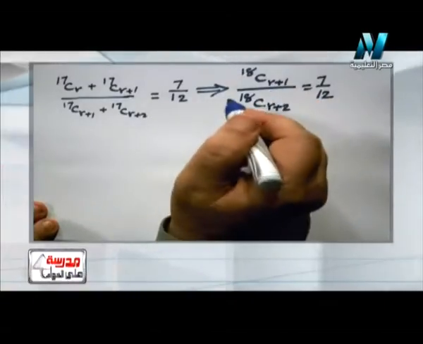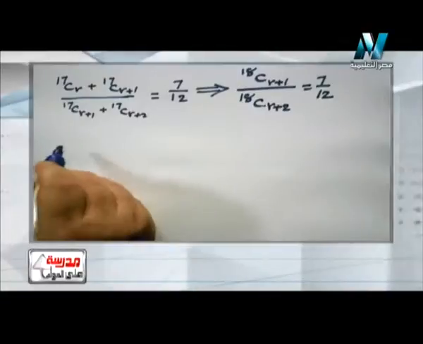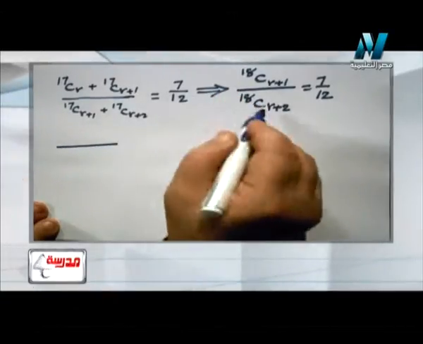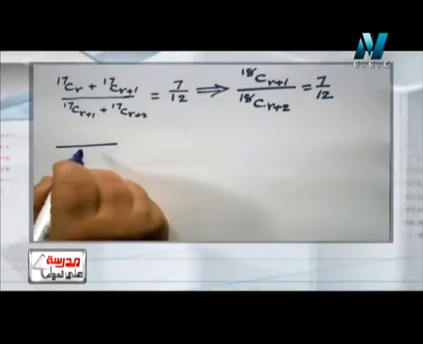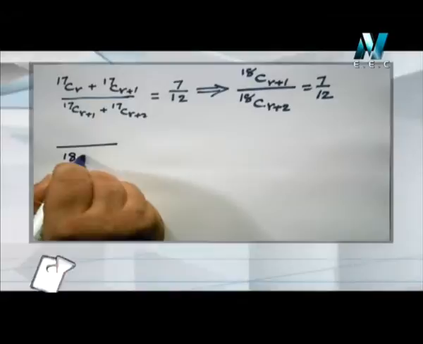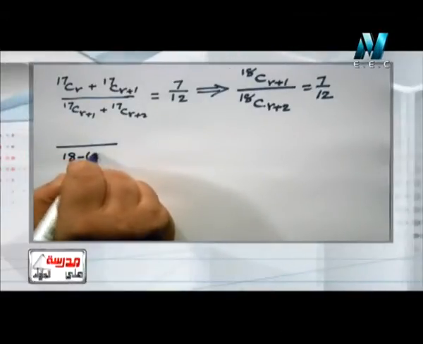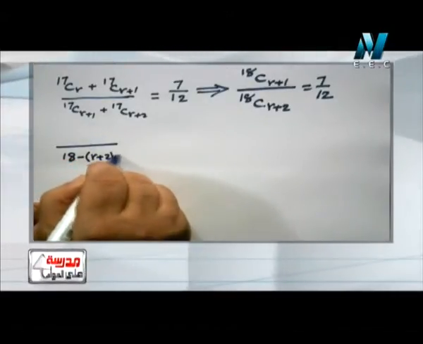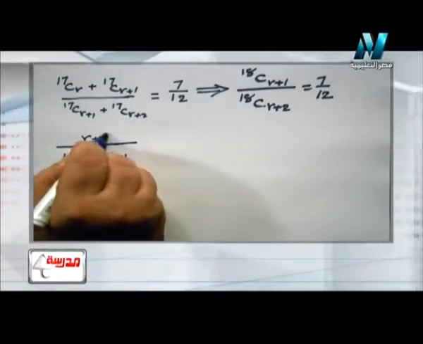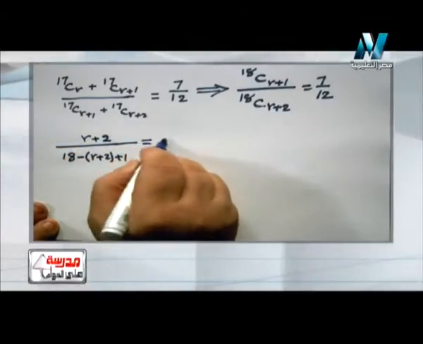Okay, continue, my children. 18CR plus 1 over 18CR plus 2, what is it equal to? It is the ratio between two consecutive combinations. Then it is equal to (18 minus R) over (R plus 2) equals 7 over 12.